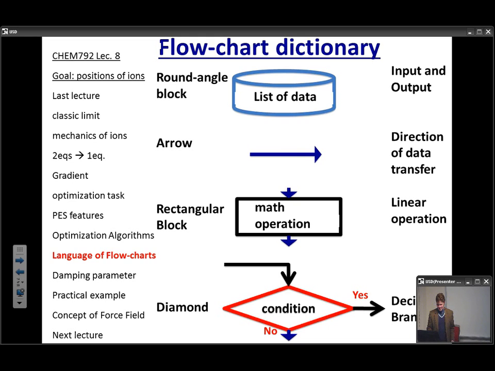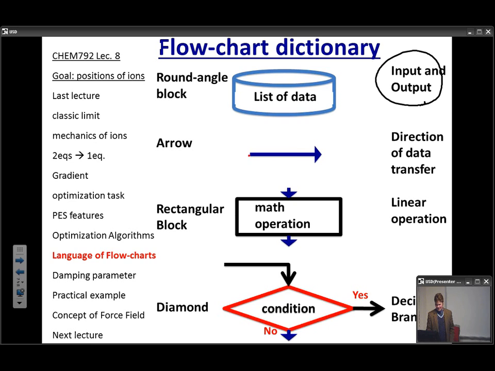So the dictionary is short. There are not too many operations in programming. There is an input and output of data. You feed something into the computer, you take something out.